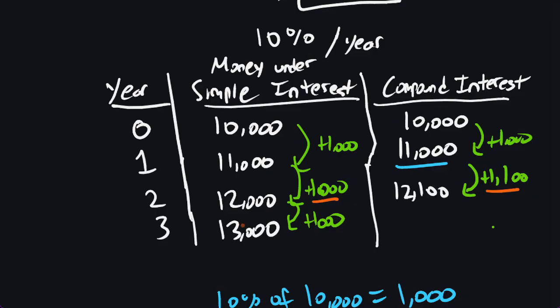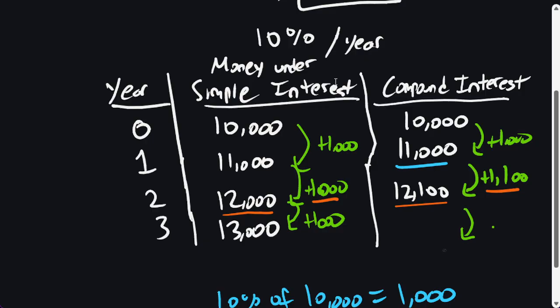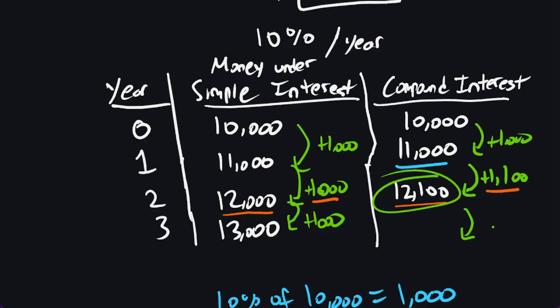Notice that in year 2, under simple interest, you just have 12,000, and under compound interest, you have more: 12,100. And it keeps compounding. Now in year 3, how much is it going to go up by? We're going to do 10% of 12,100.